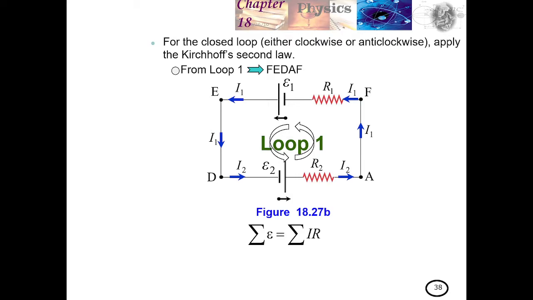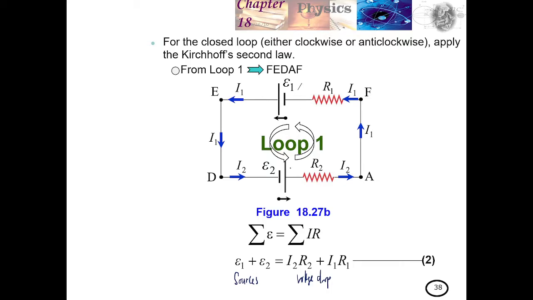This is the second law. So E1 plus E2, because these are the sources. On the other side is the voltage drop, meaning how much voltage has been taken out by the resistors.